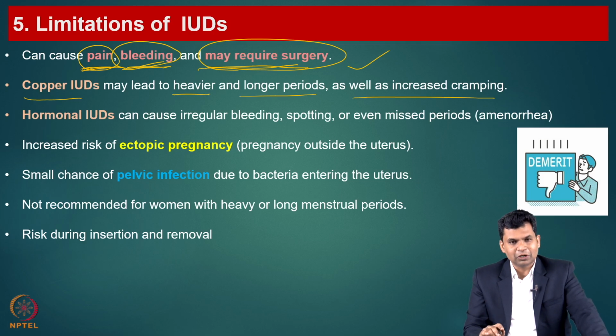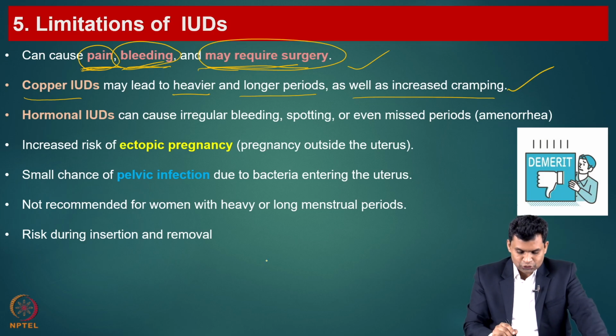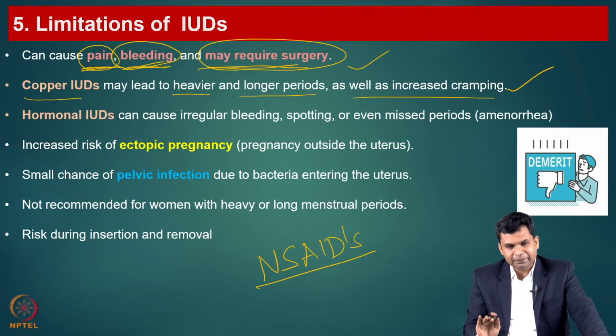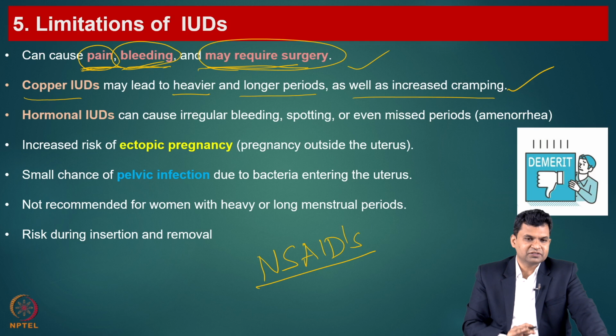Because copper can induce toxicity, it disturbs the periods and also induces cramping. These are major limitations, but practitioners and doctors suggest using non-steroidal anti-inflammatory drugs for a short time in such cases, which can help reduce the pain and cramping when you are using copper intrauterine devices.